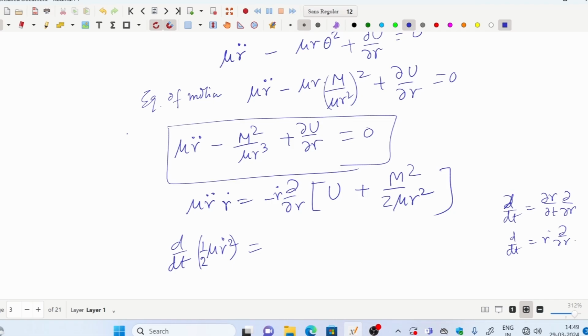So, this I can write as minus d/dt of u plus m square by 2 mu r square. Okay, it's clear.